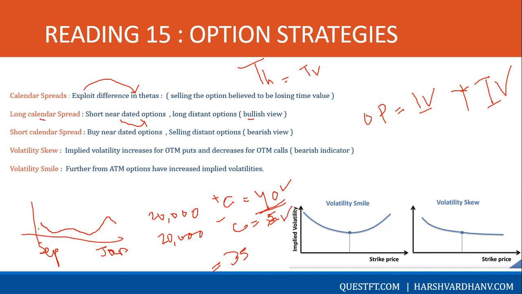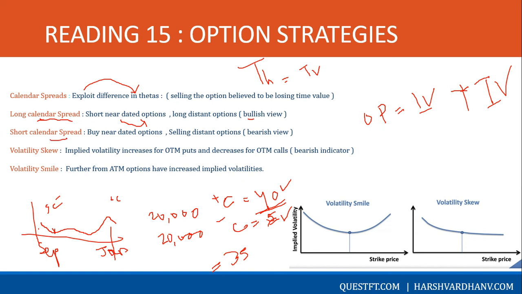Now because I have sold the call option, I've reduced my cost. My view is bullish, but I'm not bullish immediately, so I might as well sell those call options. But I'm bullish in the month of Jan, so I will buy the call option. Since there are two different months, it's known as a calendar spread. Had it been in the same month, it could have been your normal spread that we have seen, bull and bear call spreads.